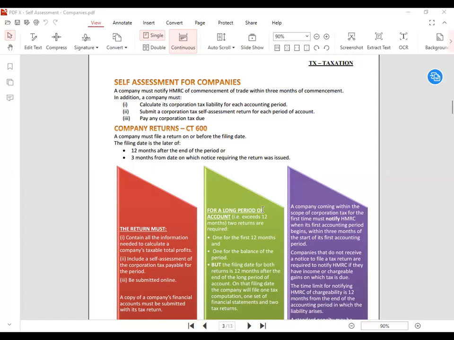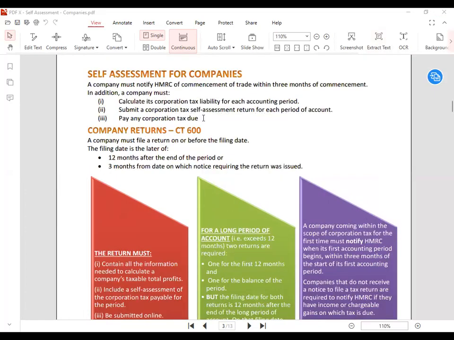Okay. First thing is, what is a return? Sometimes some students tell me, sir, return means sales return or purchase return. Huh? We are discussing tax, not financial accounting. Here return doesn't mean sales or purchase return.